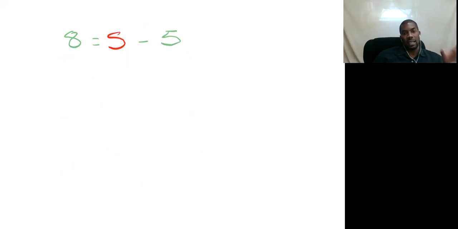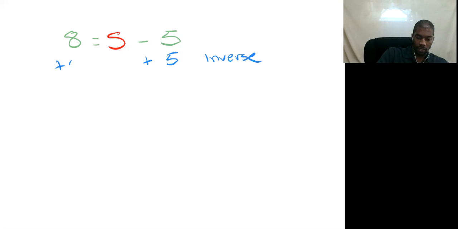Remember, we are trying to get the variable s by itself. So how would I do that? Well, I need to get rid of this negative 5 or this minus 5. So all I need to do is simply do the inverse, which is going to be plus 5 to make it 0. What I do to one side, I must do to the other side of the equal sign. So I add 5 to the 8, and then I try to clean this up.